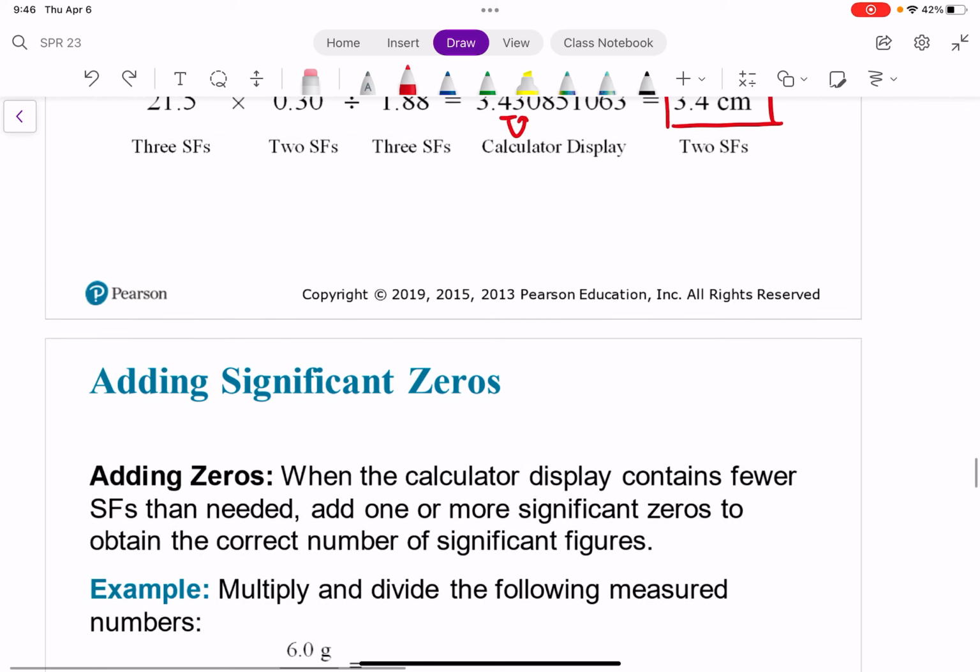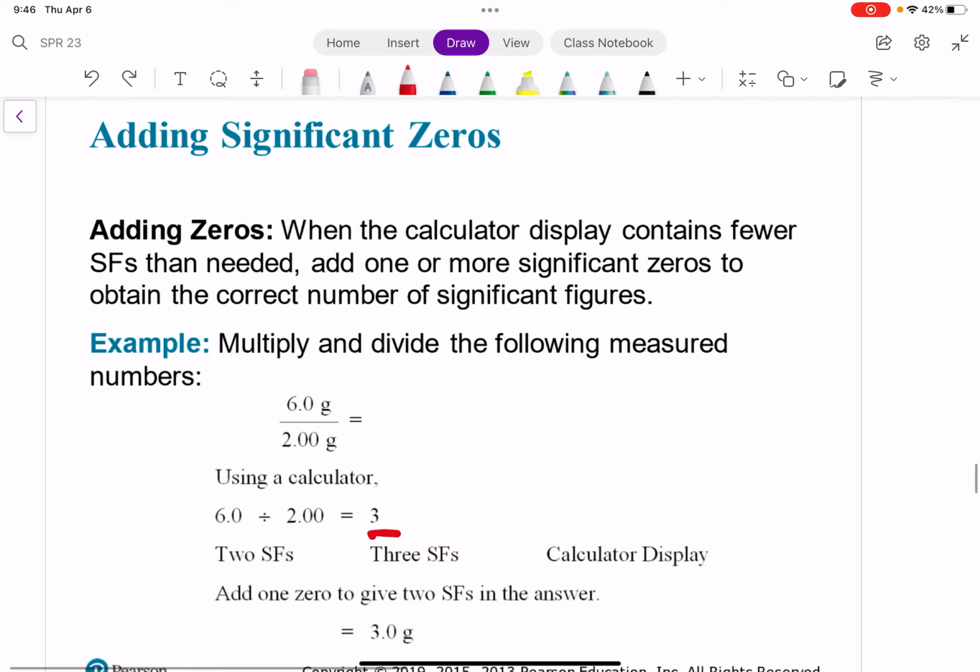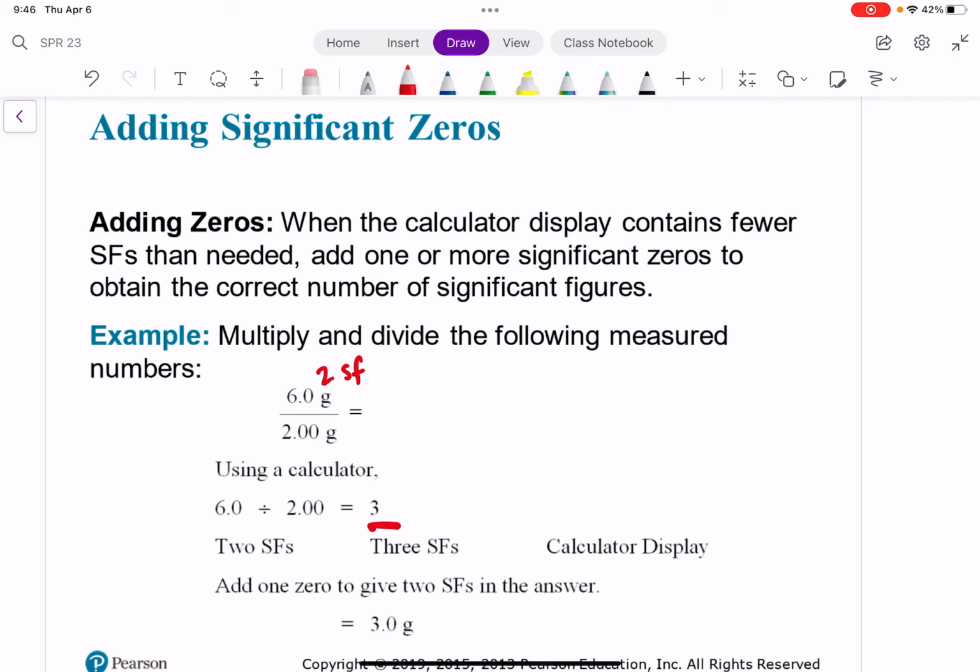So the top part has 2 sig figs, and the denominator has 3 sig figs. So this is the one that we're going to have 2 sig figs in our answer. So if the calculator displays 3, we're going to have to put a 0 there so that we show that we have 2 sig figs.